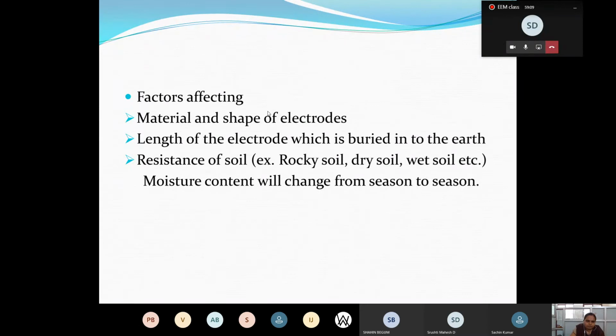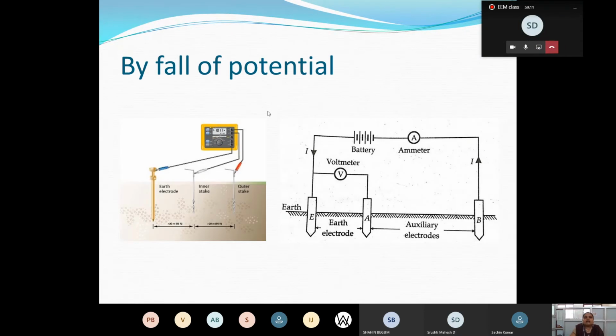Next, we'll go to one earthing example, how it is going to be done. One example is the fall of potential. What you did in the experiment in your first year is the fall of potential. What did we do? Just observe the figure here. We use the meter, then from the meter we take the wires.